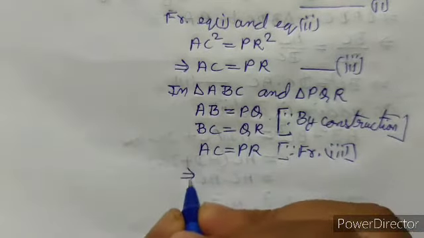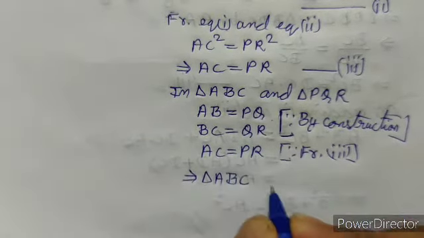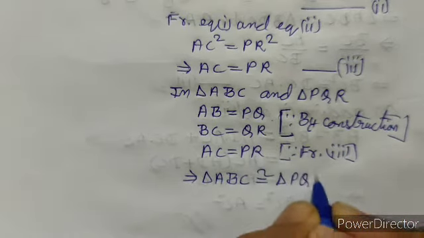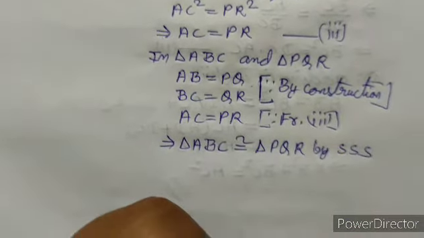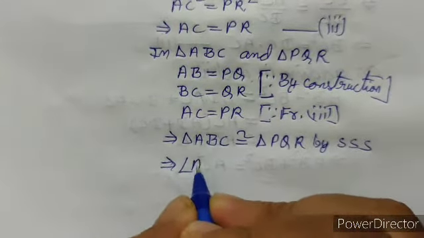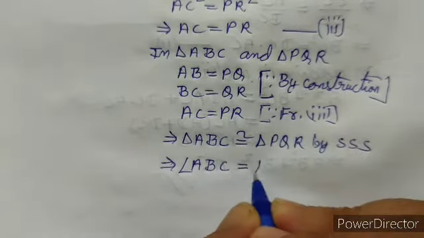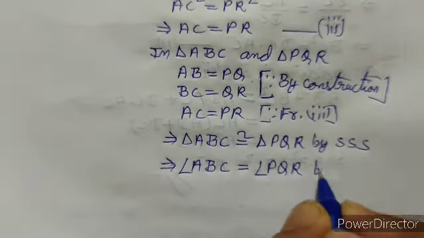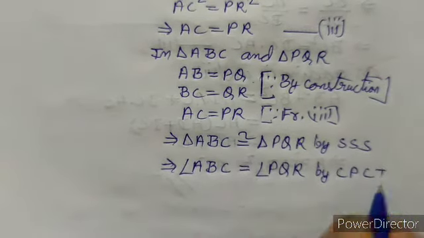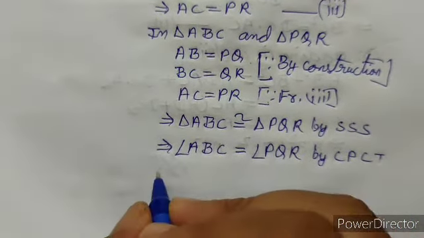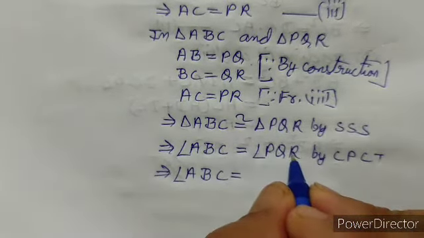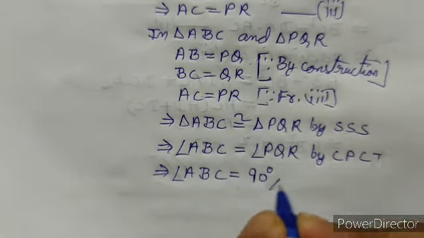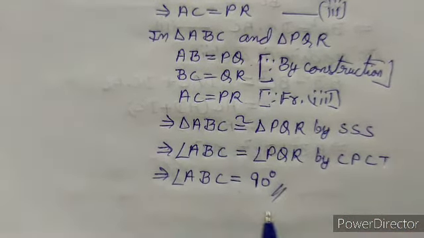That means triangle ABC is congruent to triangle PQR by side criteria of congruency, and that means angle ABC will be equal to angle PQR as corresponding parts of congruent triangles are equal. That means angle ABC will be equal to angle PQR, which was of 90 degree, so angle ABC will be of 90 degree, and this is the proof of converse of Pythagoras theorem.